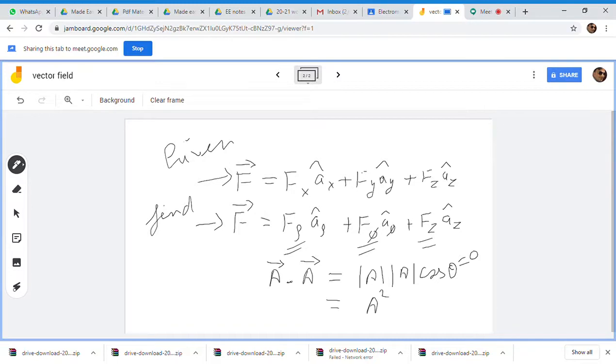Now if we write this thing, then is it right or not? F rho, take the dot product of vector F with unit vector a rho. Is it correct? If we can write this, replace this vector F with your whole vector, then what can you say?